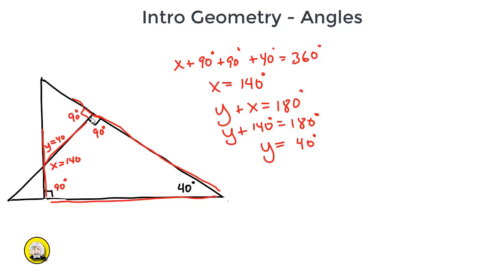And now I have interior angles of the smaller triangle. I have 90 and 40. The sum of interior angles of a triangle must be 180 degrees. So A equals 180 minus 130, or 50 degrees. So 50 degrees is the value for A. How about this angle here?